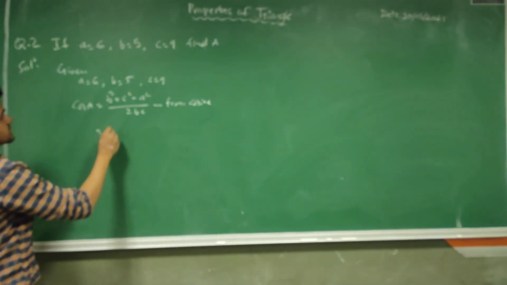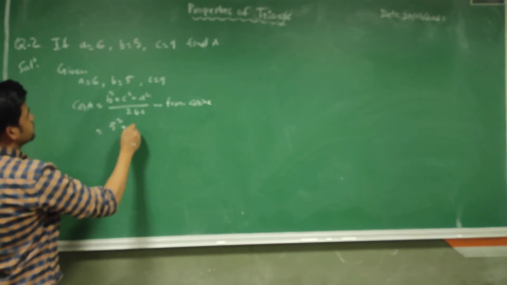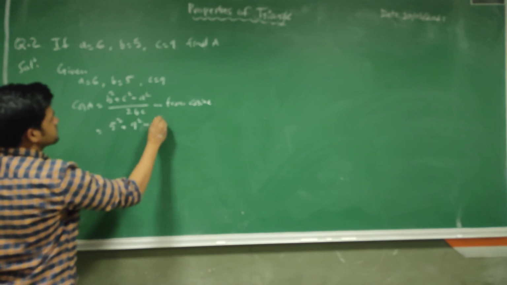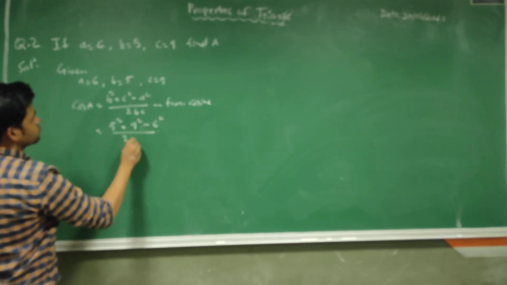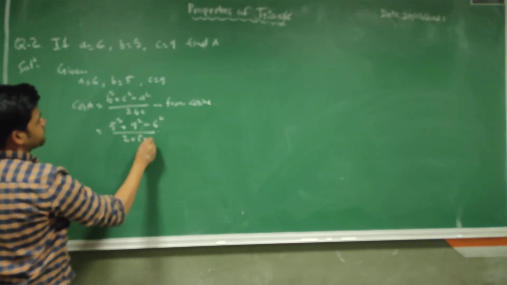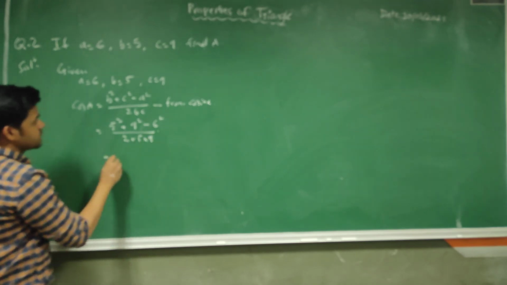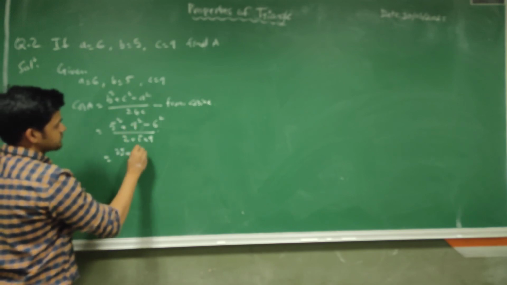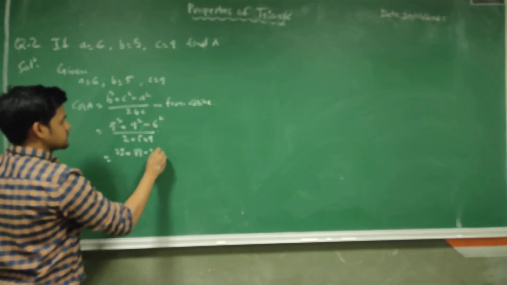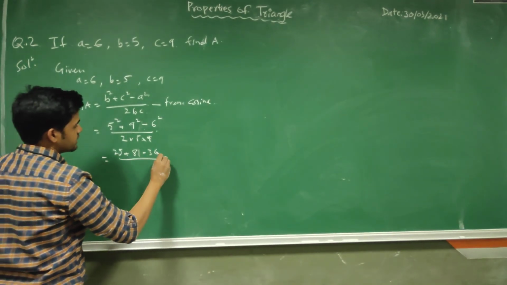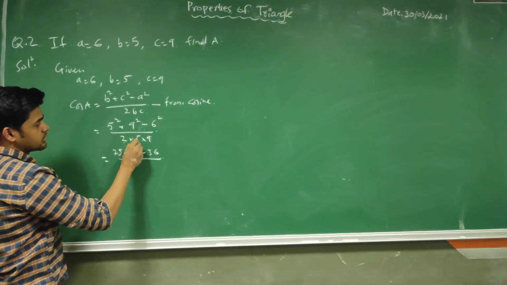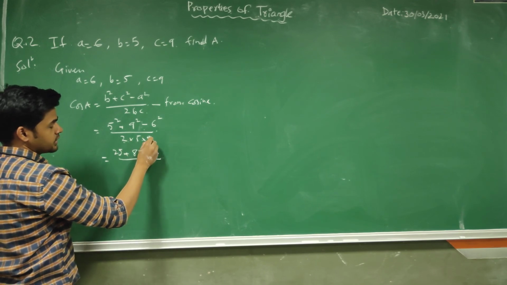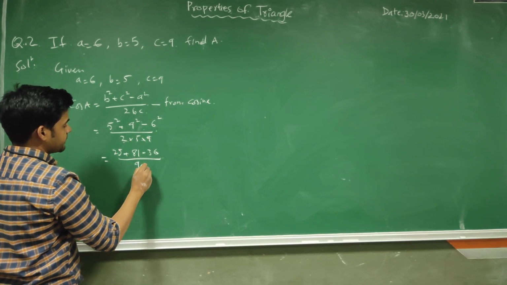So it is 5 square plus 9 square minus 6 square by 2 into 5 into 9. Then 5 square is 25, 9 square is 81, 6 square is 36. So 2 into 5 is 10, and 10 into 9 will be 90.